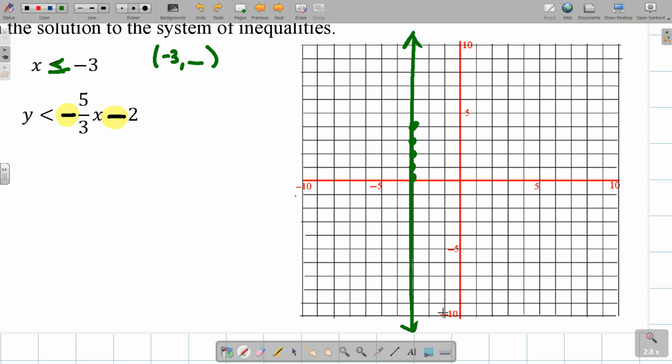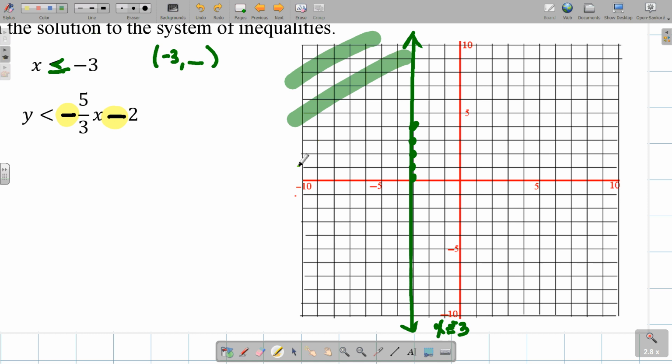So right now what we have is x equals -3. And if I want x to be less than or equal to -3, then you want to shade everything that's less than -3. So this is the side you're shading here.